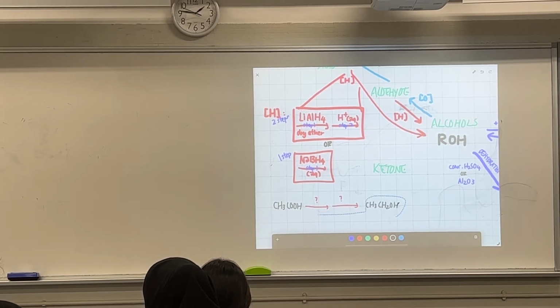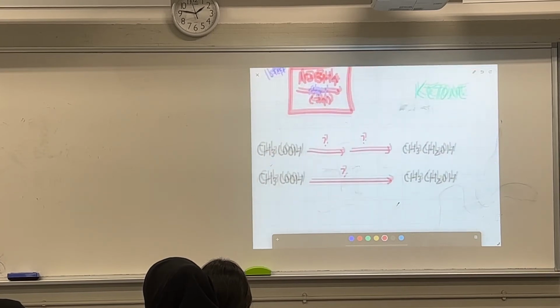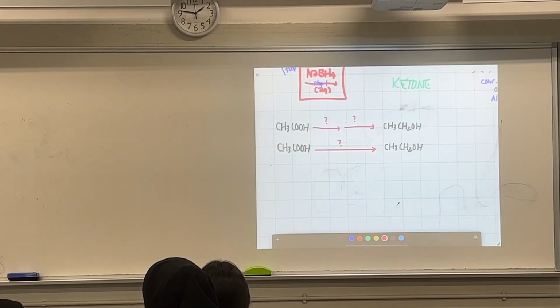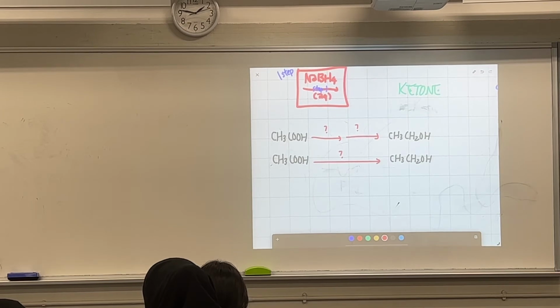Compared to when you have CH3CHO, a single arrow, becoming CH3CH2OH, when you ask what these things are, what should we put in here? Is it LiAlH4 or NaBH4 for the first one? LiAlH4. But you see together, they do the same thing. Yes, this is it.